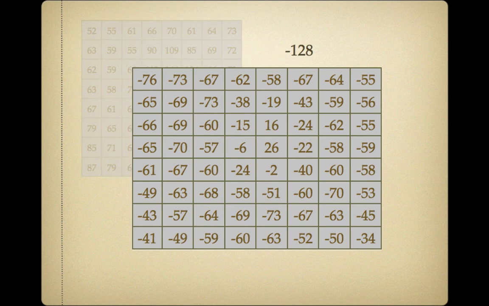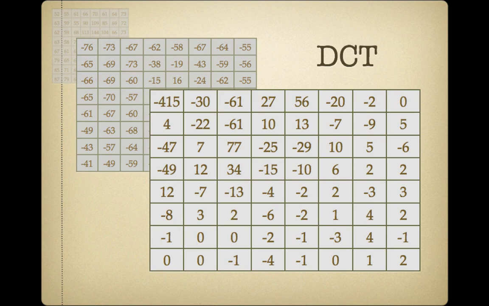Each of these values then, this block of pixels or values, we do a discrete cosine transform on that. We don't need to understand the details of the discrete cosine transform, but it gets us this whole bunch of numbers. You notice at the top left there's one big number, and then a bunch of other numbers.